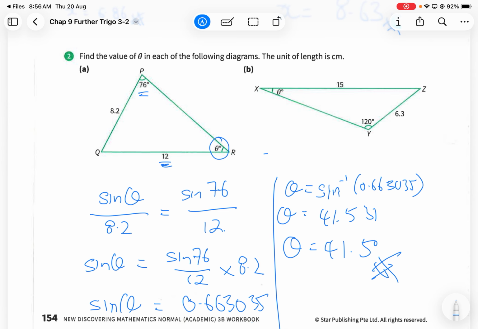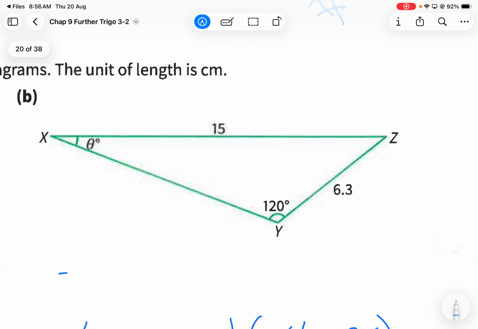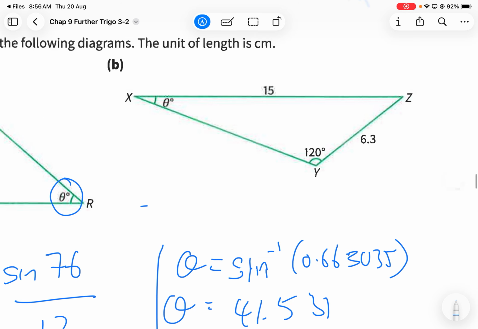Try part D. Ryan, do we have a known pair? What is the known pair inside this triangle?